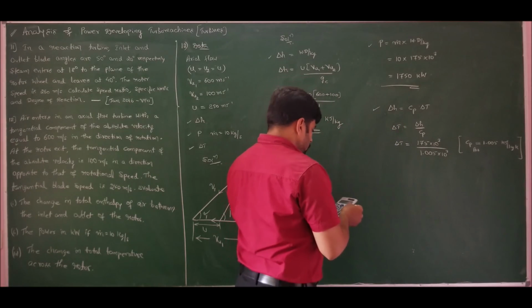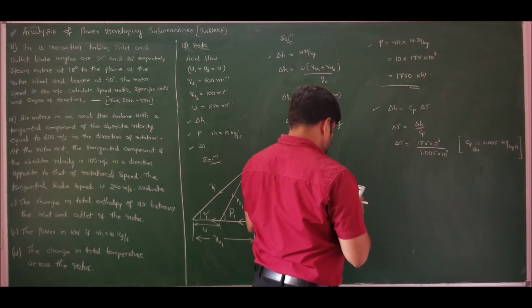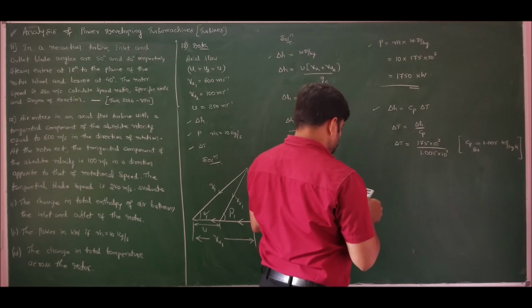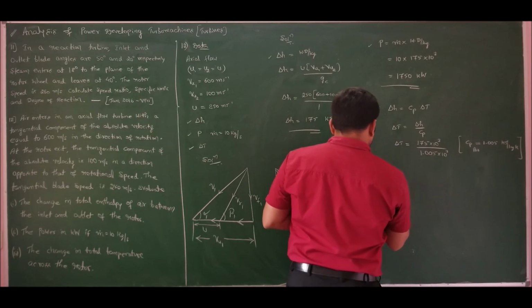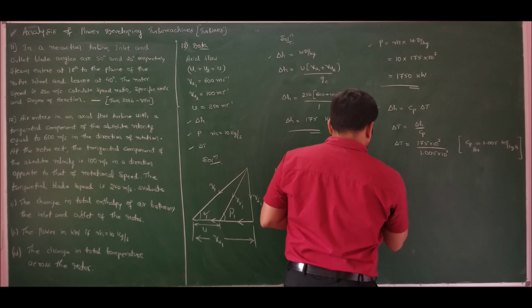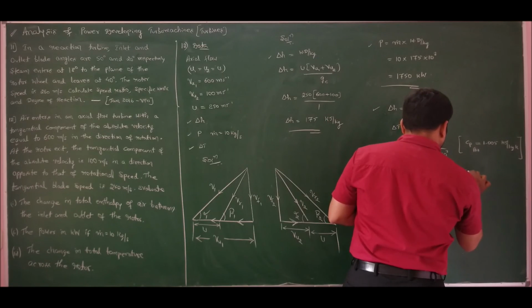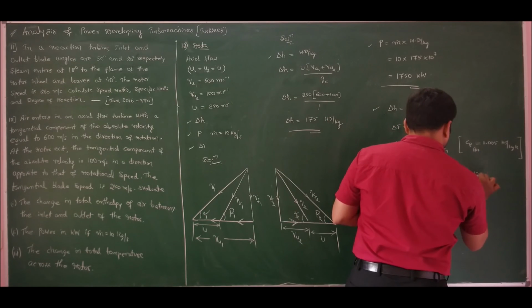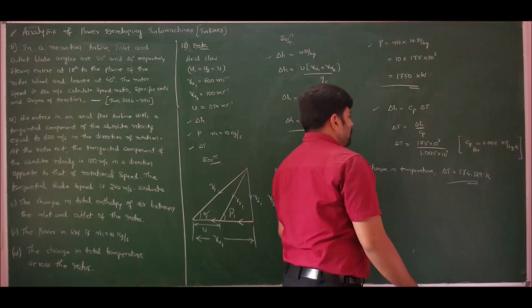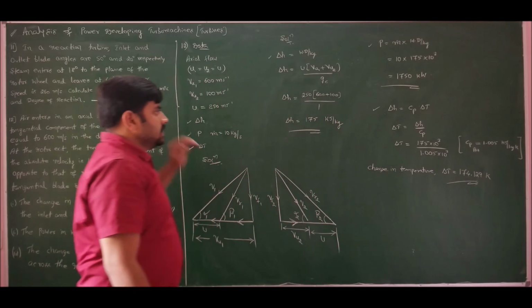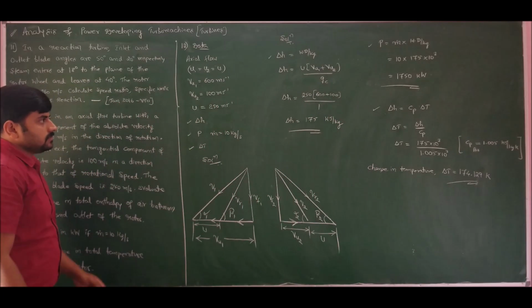So now if I solve, I will get temperature rise as 175 by 1.005, which is equal to 174. Therefore change in temperature is 174.129 Kelvin, because Cp is in Kelvin. So this is the solution for the given problem.